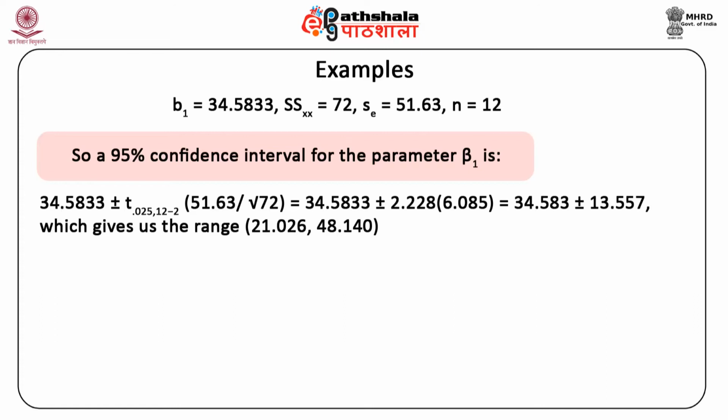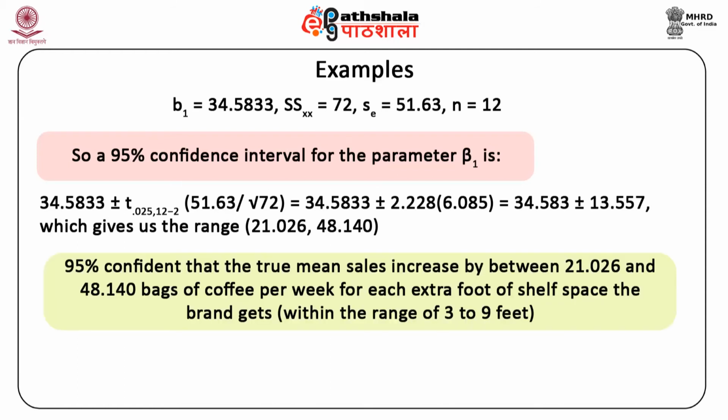which gives us the range of 21.026 and 48.140. We are 95% confident that the true mean sales increase by between 21.026 and 48.140 bags of coffee per week for each extra foot of shelf space the brand gets within the range of 3 to 9 feet.